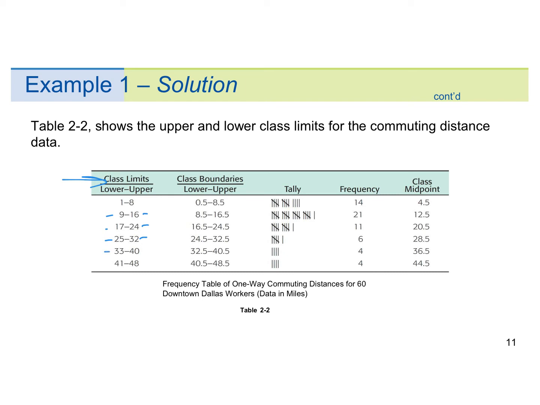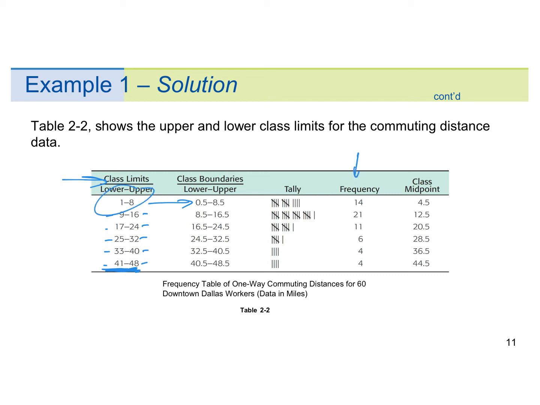There's 8 numbers from 33 to 40. Pick up at 41. There's 8 numbers to 48. So when you're done, your largest data piece must be within this last class limit. Your class boundaries, everyone, like I said, please subtract 0.5 and add 0.5 respectively to each one of these numbers.